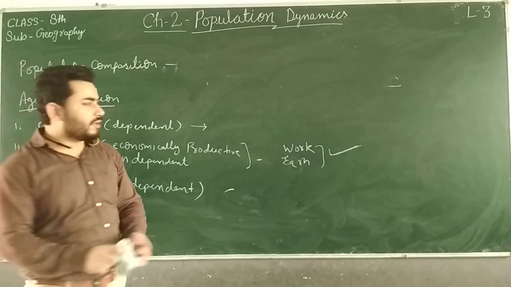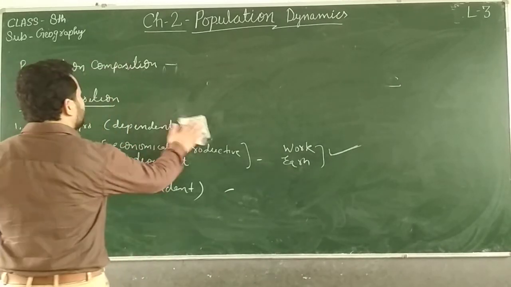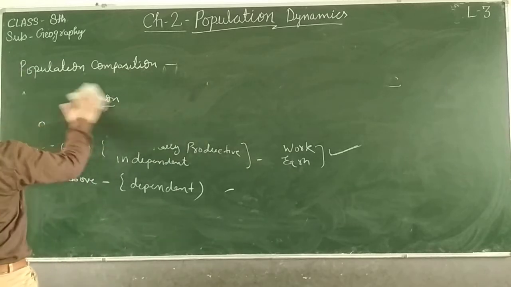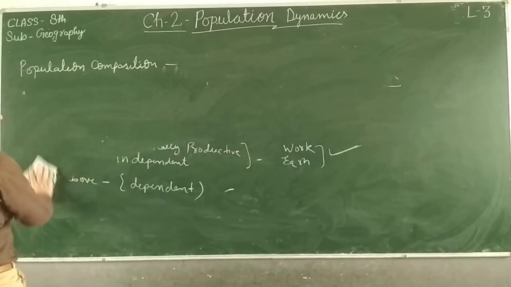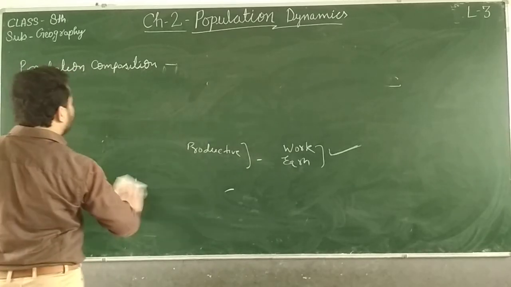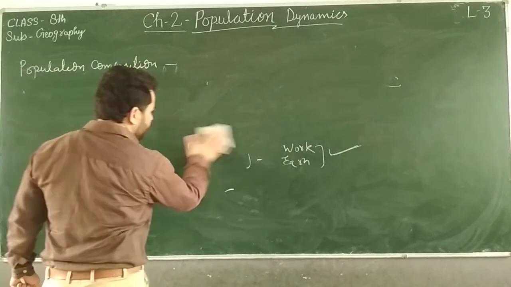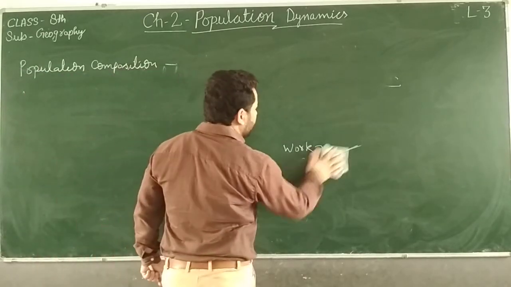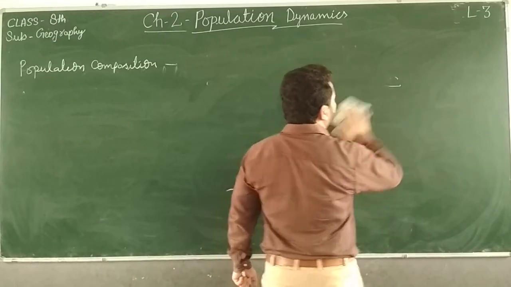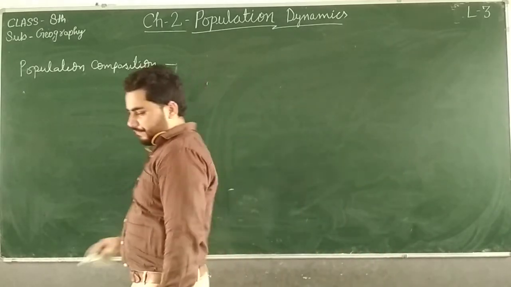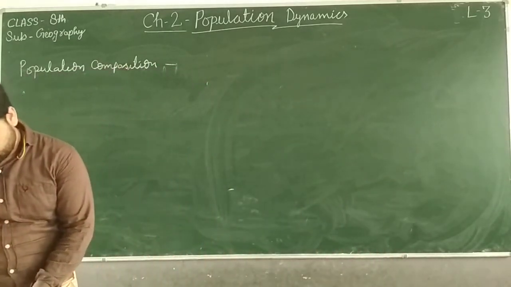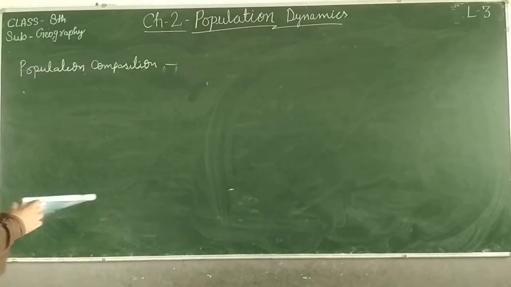Now we will study about the sex ratio. What is the meaning of sex ratio? Sex ratio means the number of females per 1000 male population. It means how many females are there for 1000 males. So what is sex ratio?